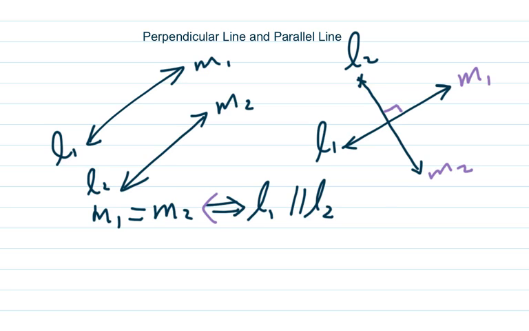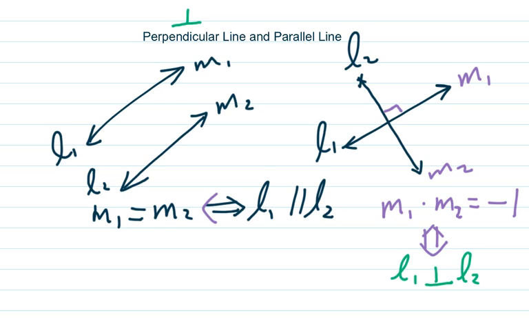So we have slope 1 multiplied by slope 2 equals -1. Then we could say these two lines are perpendicular to each other. I use this symbol to mean perpendicular. So perpendicular, here's the symbol, and for parallel lines, we use that as the symbol.